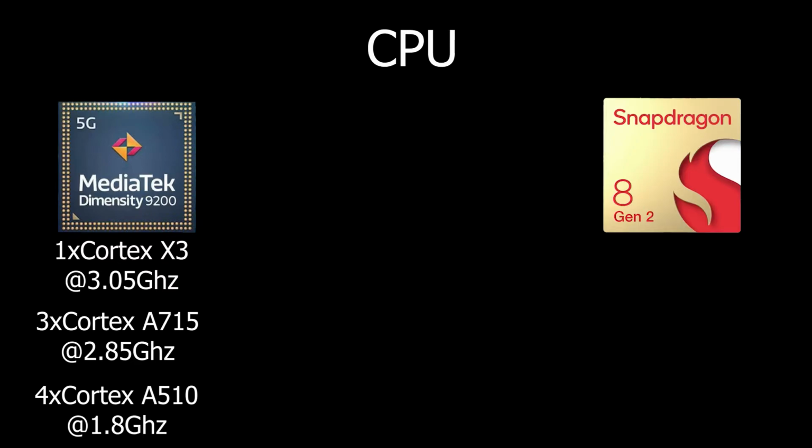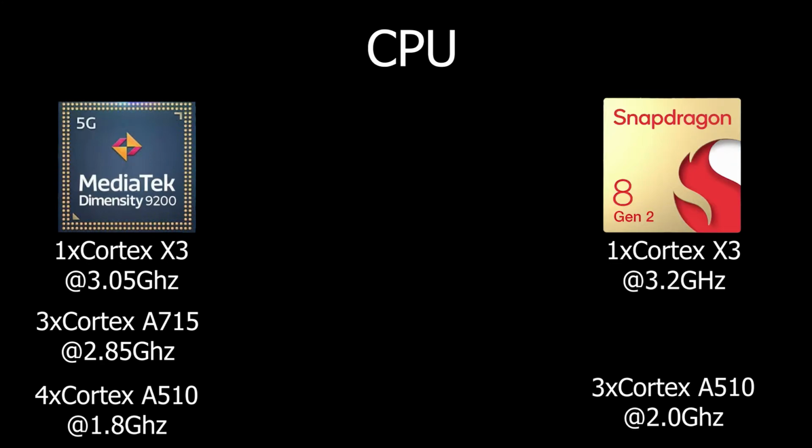You will get one Cortex core based on the same X3, but the speed here is improved, at 3.2 gigahertz. Talking about the next tier, you will get a slightly different 3 and 2 core arrangement, and the speed is 2.85 gigahertz, similar to the Dimensity. The others are based on the same thing, so I will not mention everything, because certain things are the same, just the speed differs.